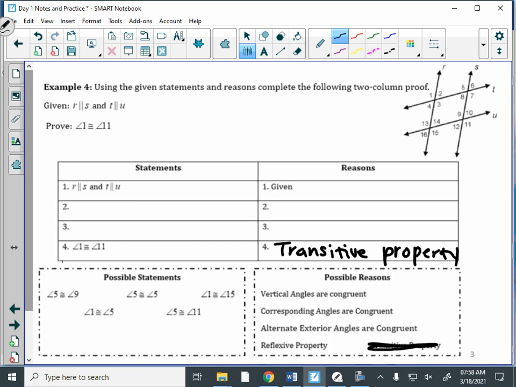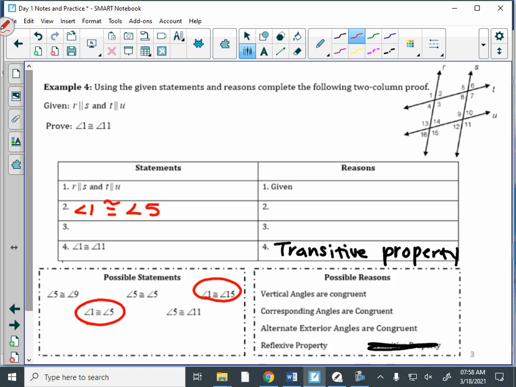So now we have to link these angles together. Again, I like to start with angle 1. Looking in my word bank, that's an angle 1. That's an angle 1. Which one do we need to use if we're linking 1 to 11? Are we going to use 1 and 5 or 1 and 15? 1 and 5. Right.